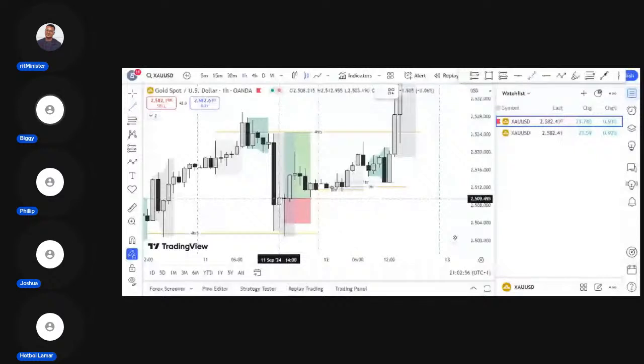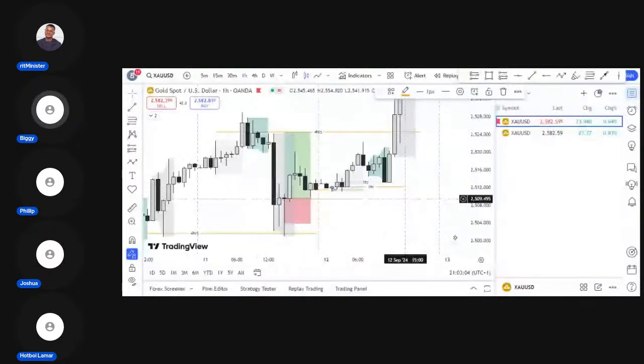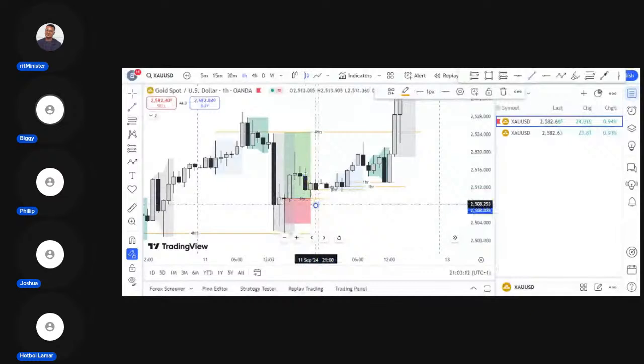This point is a 1 hour zone. So let's say this market was coming down at this point. It came down and closed below, then it doesn't have any more momentum to go back up. It will definitely come back to hit my take my SL.